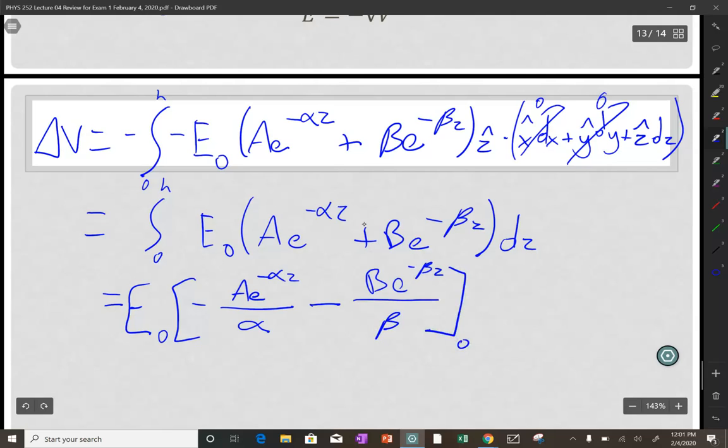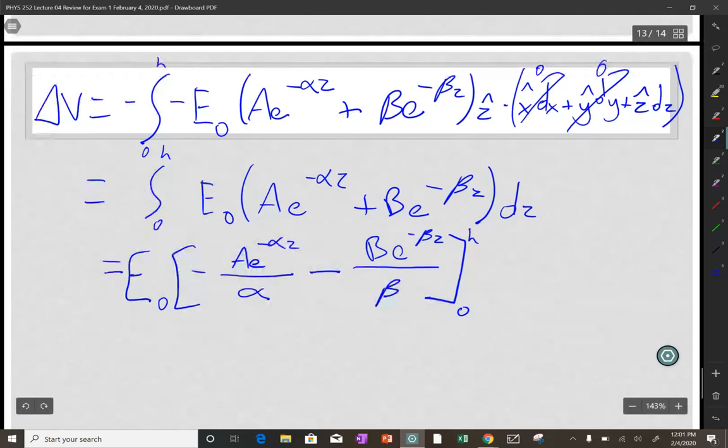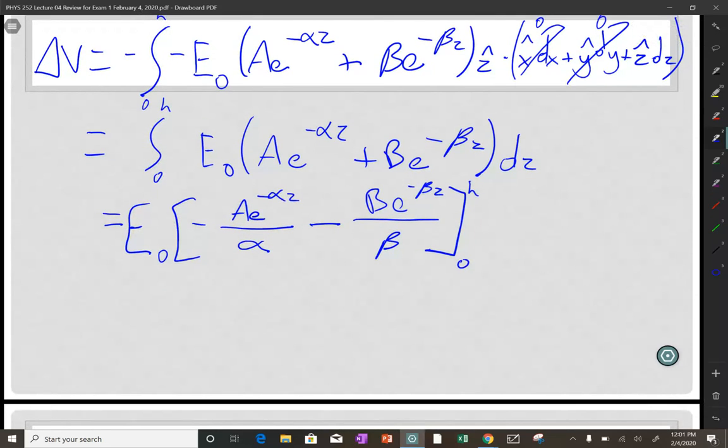That's from 0 to h. And that is delta V.